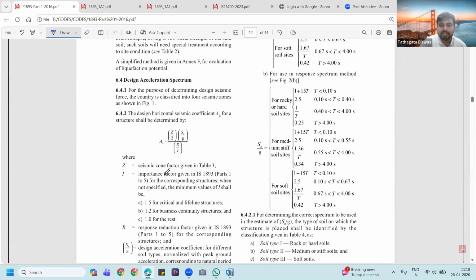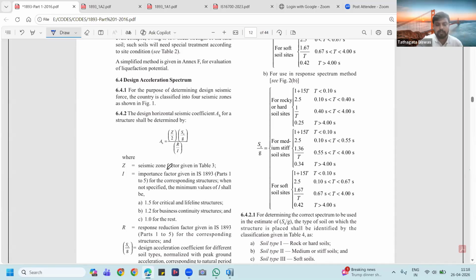Now what is Z? Z is nothing but the seismic zone factor, which is given by the code in table number 3. There are certain factors for different zones. You all know that there are 4 zones in our country: zone 2, zone 3, zone 4, and zone 5, right? Zone 1 is not there because after the Bhuj earthquake in Gujarat, zone 1 was dissolved, if I am not wrong, in the year 2000 or thereabouts.